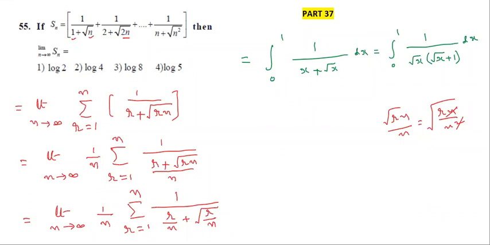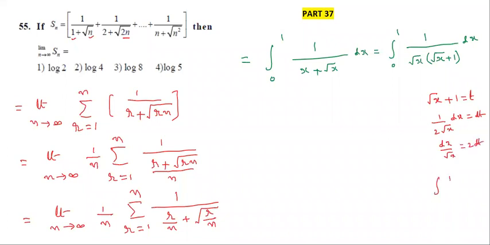So here take that root x plus 1 is t. Then what happened? Derivative of root x, 1 by 2 root x dx, that is equal to dt. So 1 by root x dx already said. Overall, we get dx by root x, that is equal to 2 dt.